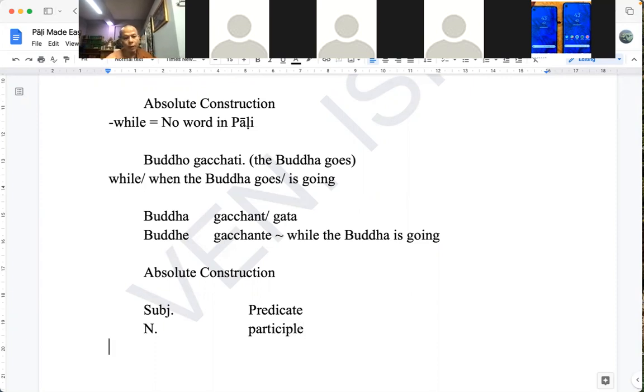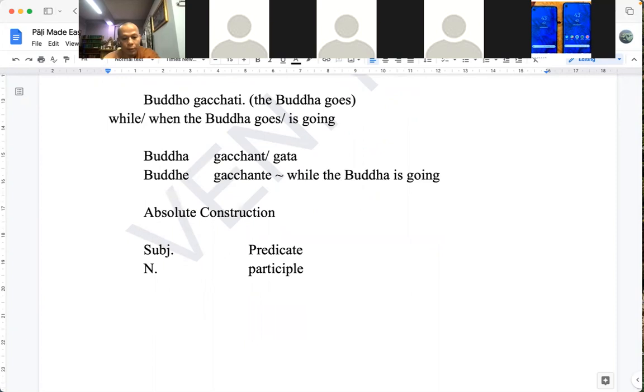The subject can be nominative, genitive, or locative. The same way, the participle also can be nominative, genitive, or locative.